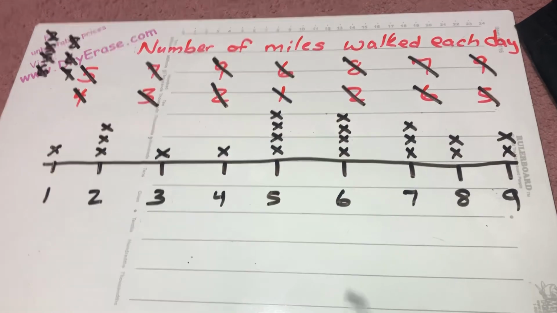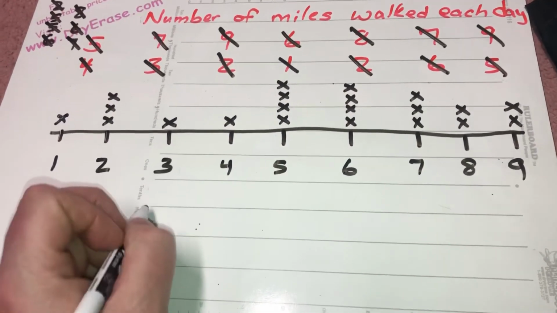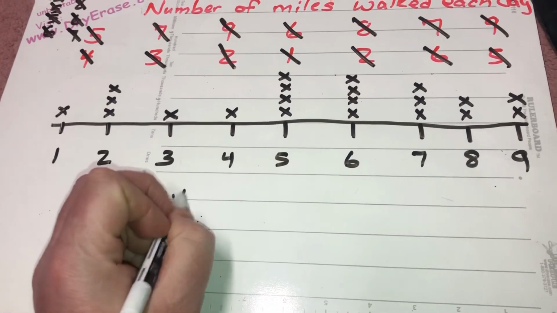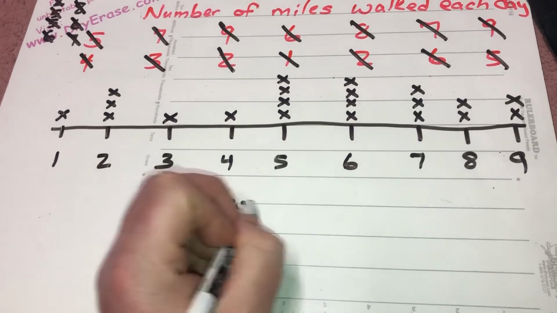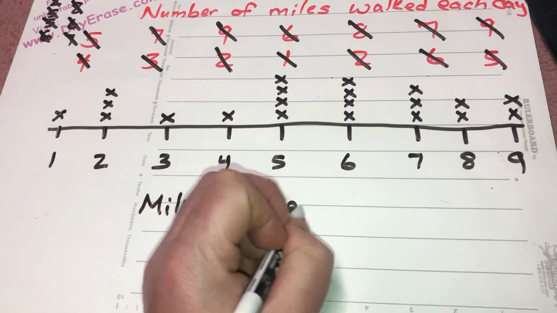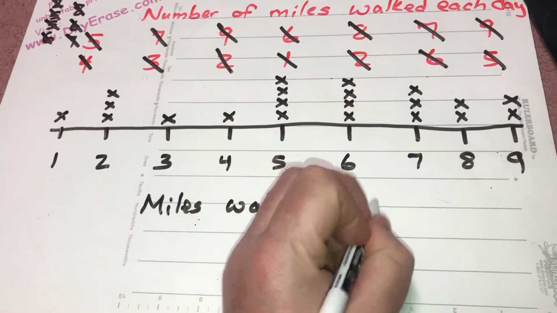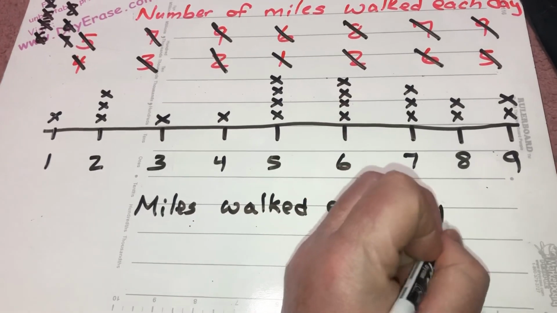And there's your line plot. And then, of course, you give your line plot a title: miles walked each day.